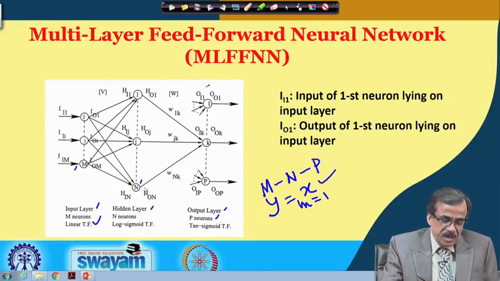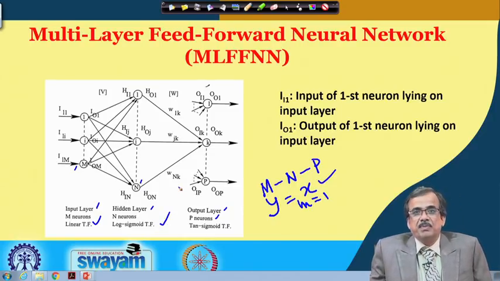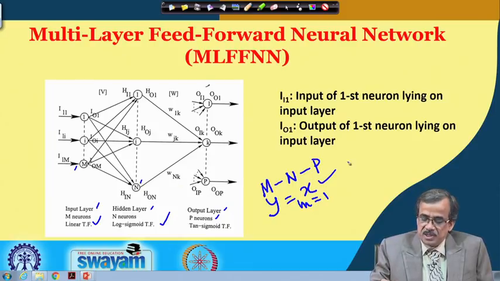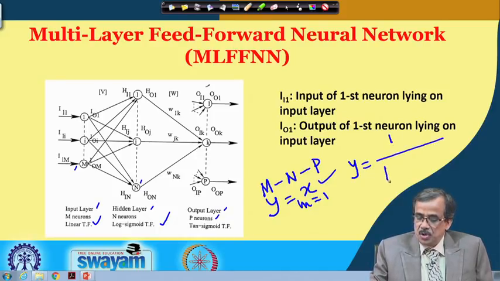On the hidden layer we are considering the log sigmoid transfer function, and we have already seen the mathematical expression for the log sigmoid transfer function, that is nothing but y equals 1 divided by 1 plus e raised to the power minus a x.